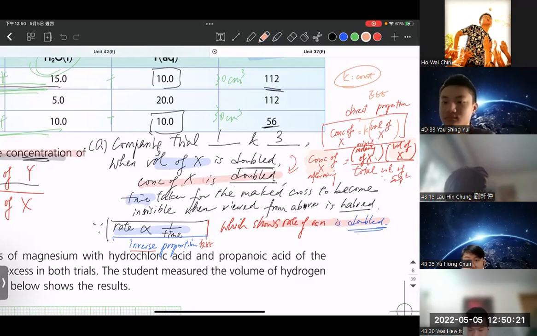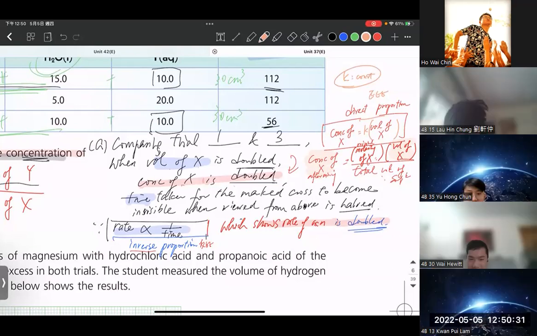Any questions so far? Anyone who understands or doesn't understand, let me know now. Tell me, do you understand now? I just want to double check if I need to give a further elaboration on direct proportion and inverse proportion, because those two concepts are different. How about the others?